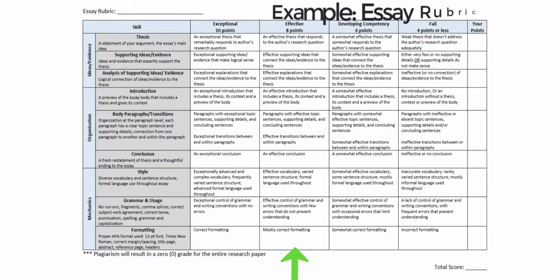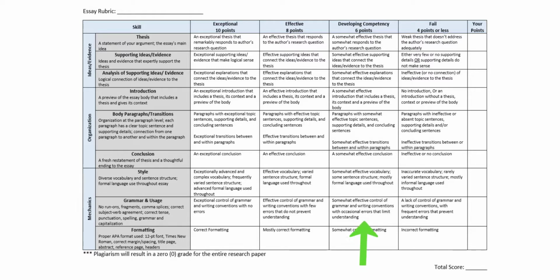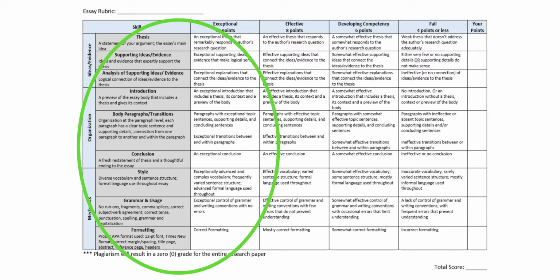In the third column, indicate, for the same criteria, what a 70 to 79%, or a B grade submission would be. In the fourth column, describe a 60 to 69%, or a C grade, and so forth, up to a grade of less than 49%, which would indicate an F. Students would clearly be able to see what's expected of them for the effort and time they put into each assessment.